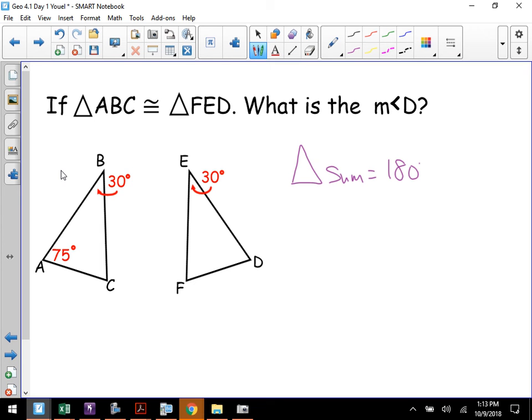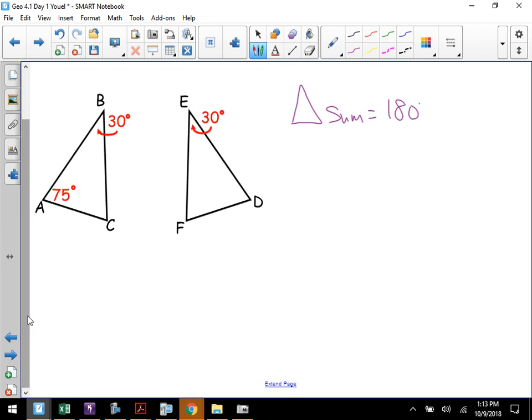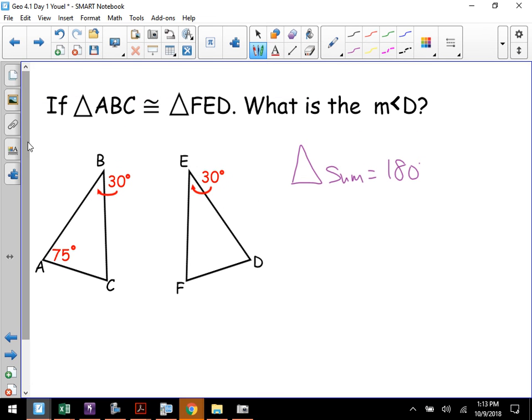But back to this. You guys all are in agreement that if you follow the letters A, F, B, E, then C has to be the same as D. It has to be. Now, we knew that these two are 75. What's 75 and 30? 105. So 105 plus something is 180.